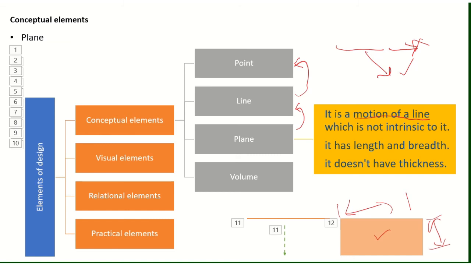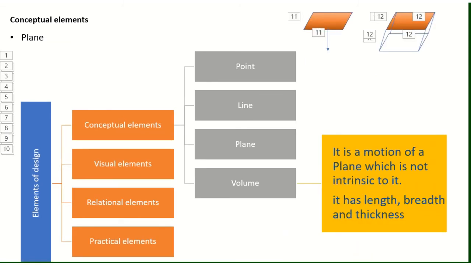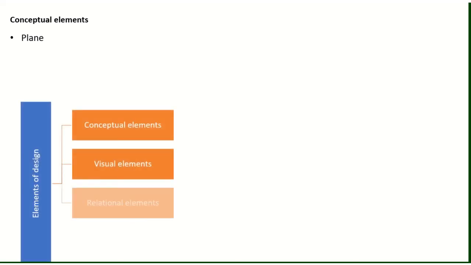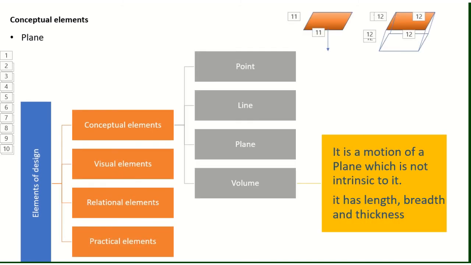Let us see the next conceptual element, a volume, and how a volume is achieved. A volume is the motion of a plane which is not intrinsic to it. So a line comes from a point, a plane comes from a line, and a volume comes from a plane. Here is the plane representation, and it is in this motion.